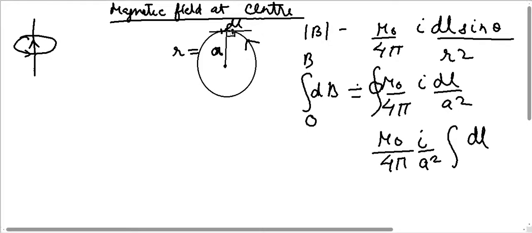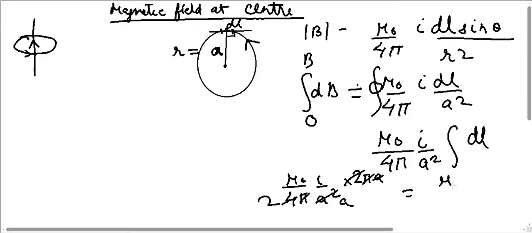If I integrate dl over the whole circle, I will just get the circumference of the circle. So integration of dl is nothing but the circumference, which is 2 pi a. So the 2 and 4 simplify, pi gets cancelled, and a cancels one power of a. So the final answer is mu naught I by 2a.